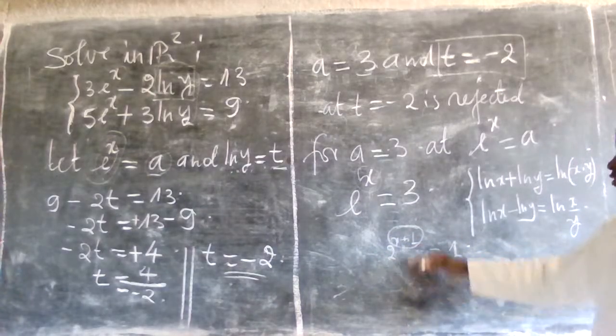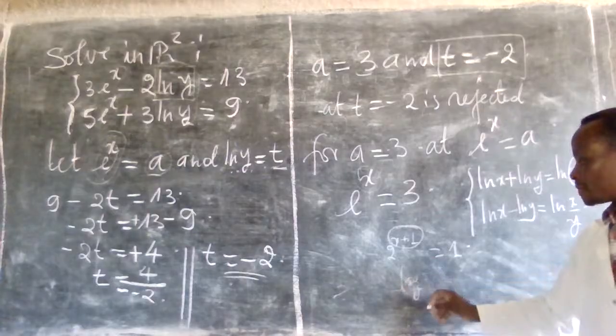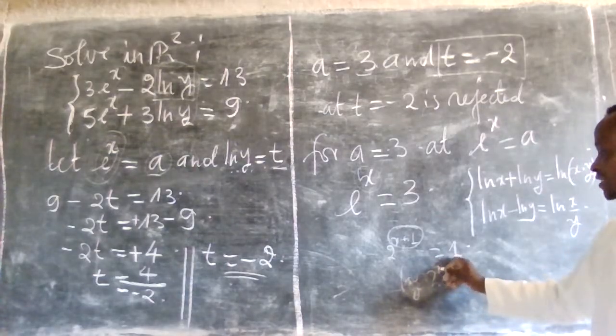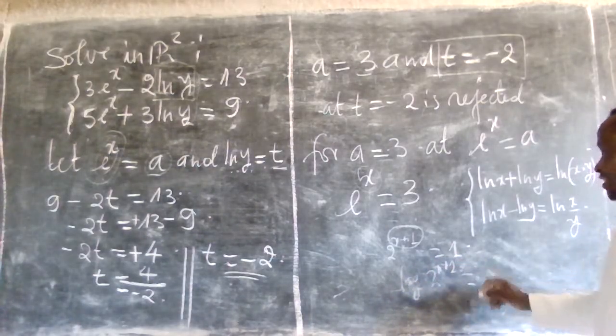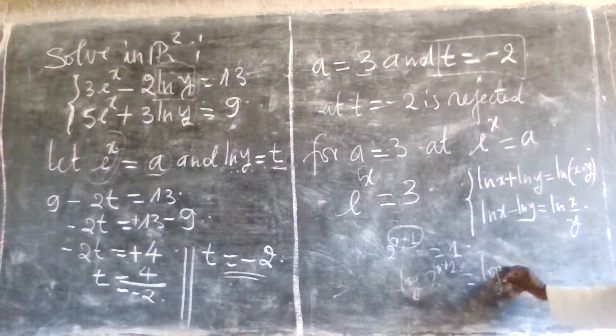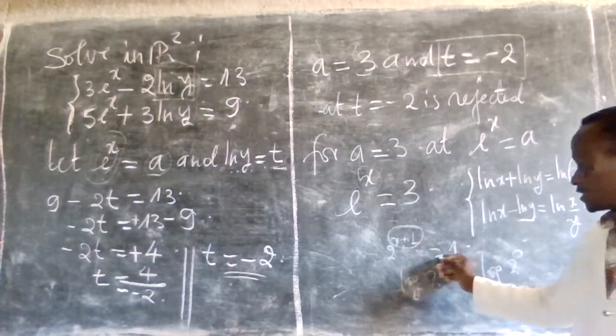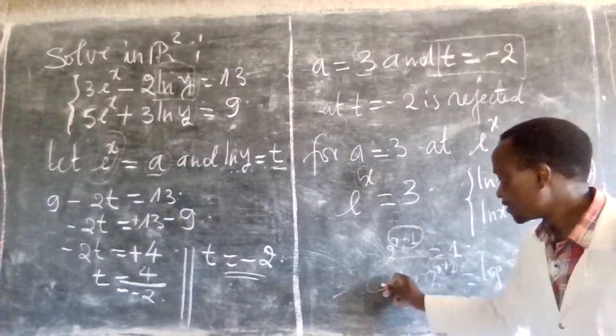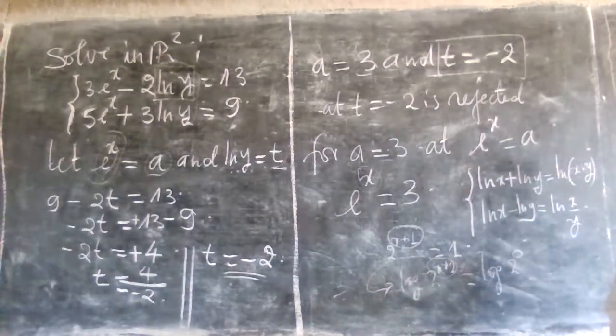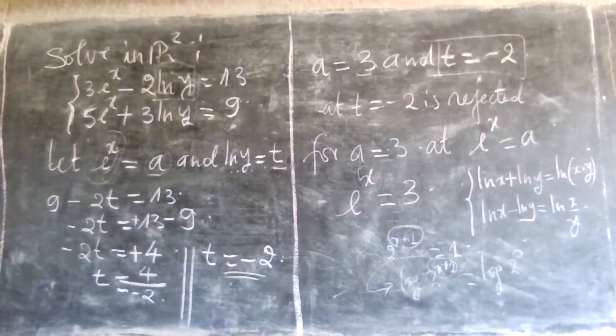We need to take the log of 2 power x plus 1, equal to log of 2 power 0, and this power will come here. Clear? That is what we are going to apply here.